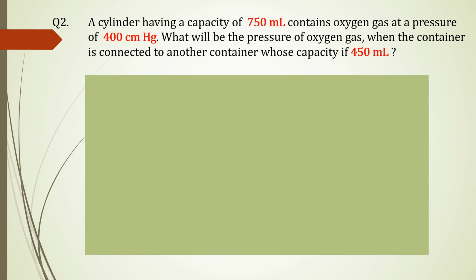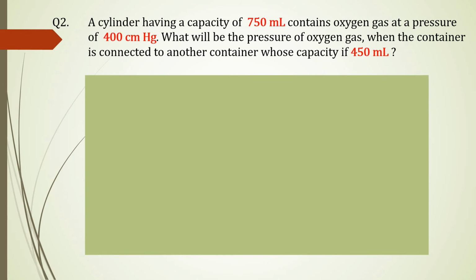So here the thing we need to note is the capacity of the container. Capacity means volume. So a cylinder having a capacity of 750 ml, and remember, whatever is the volume of the cylinder, the same volume will be occupied by the gas.